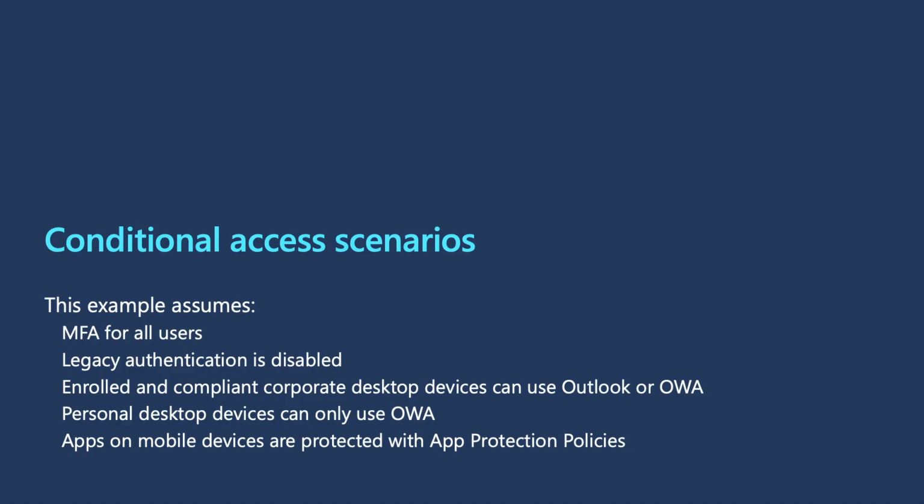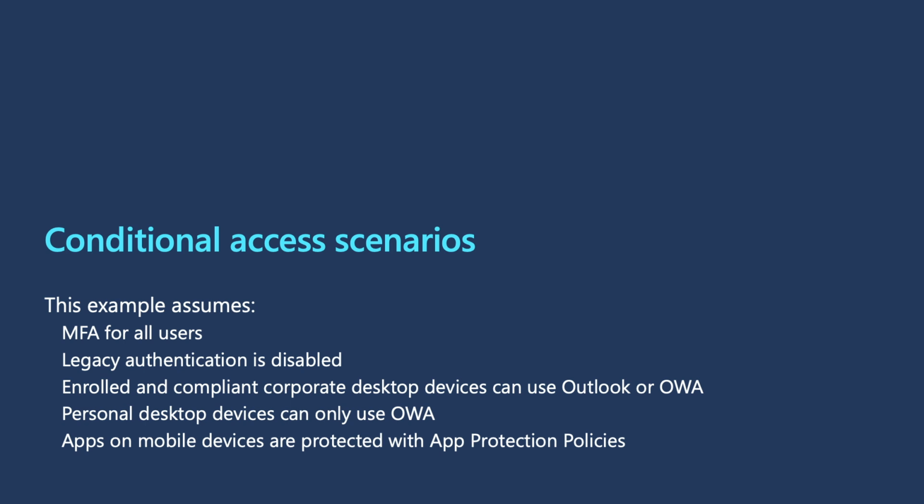So now that we understand what is included within conditional access, I thought it would be good to highlight several conditional access policies you could deploy in your environment. Now, in order to deploy these policies, there are several prerequisites. First and foremost, you must do all the work necessary to set up self-service password reset and MFA registration.